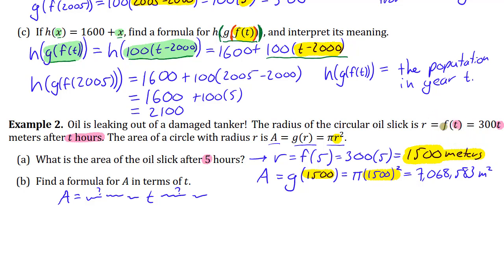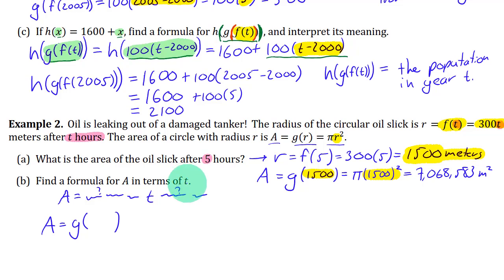I'm going to take the f of t output, and I'm going to make that be the input into the other function. So we want to get the A, and I'm going to take the function g. The function g here is a function that outputs area. But we don't want it to be in terms of r, we want it to be in terms of t.